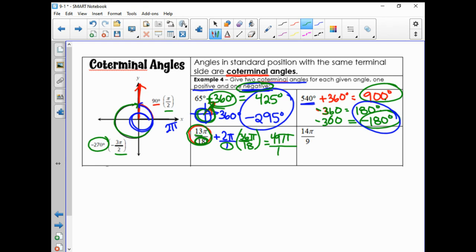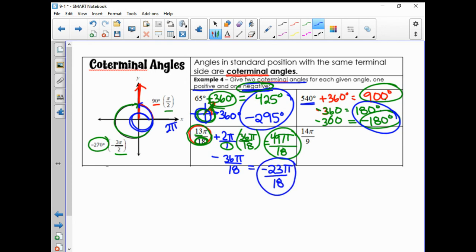So I've got 49 pi over 18. That's a positive one. And then we can also subtract our 2 pi or subtract the 36 pi over 18. So then we have 13 subtract 36, which gives us a negative 23 pi over 18.